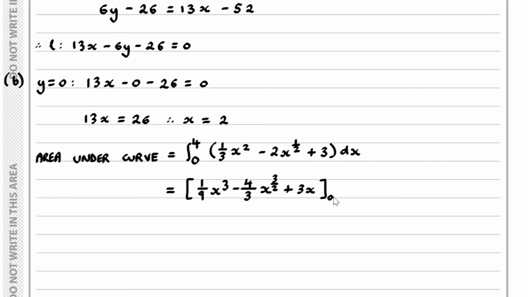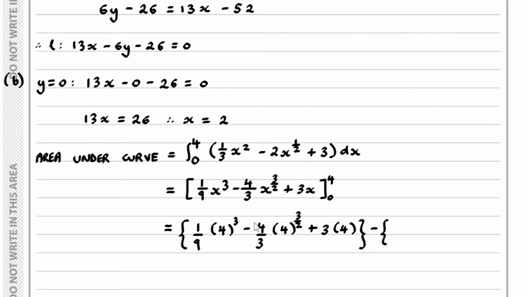And I'm integrating between 0 and 4. So if we work this out, we have 1/9 multiplied by 4 to the power of 3, subtract 4/3 multiplied by 4 to the power of 3/2 plus 3 multiplied by 4.